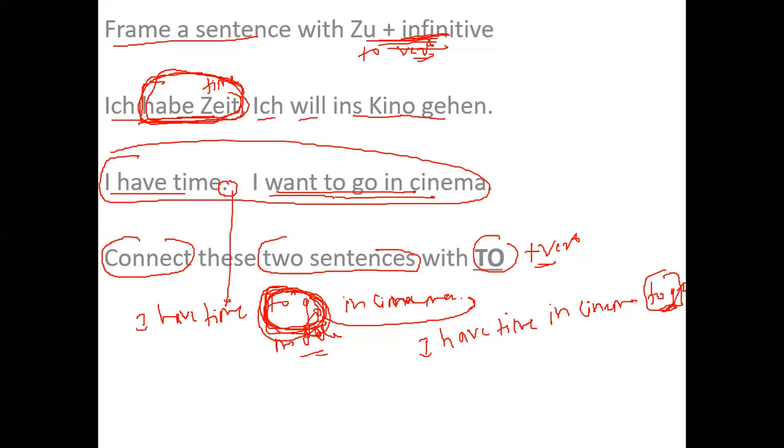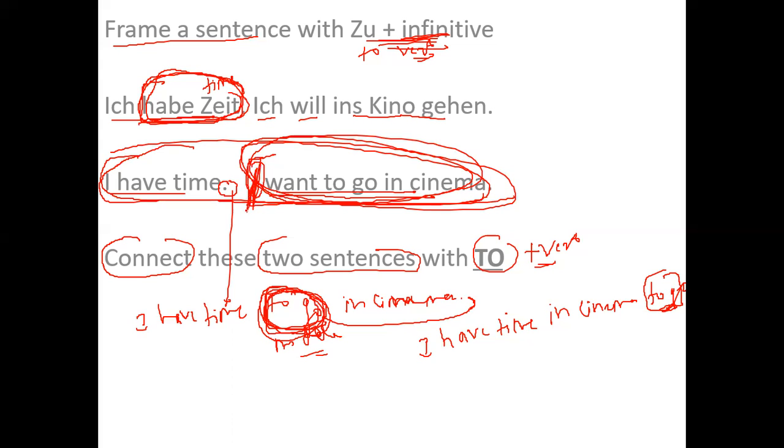Have I deleted anything from the second sentence? Just from the second sentence. If you can observe what I have deleted: I, right? This I have deleted. I have also deleted want. So two things I have deleted.